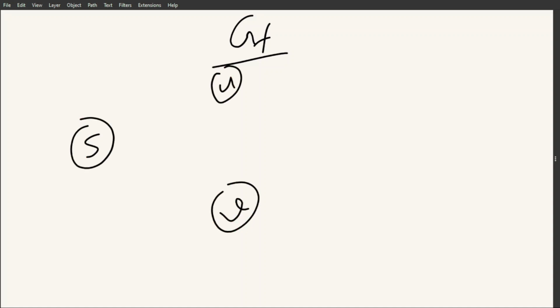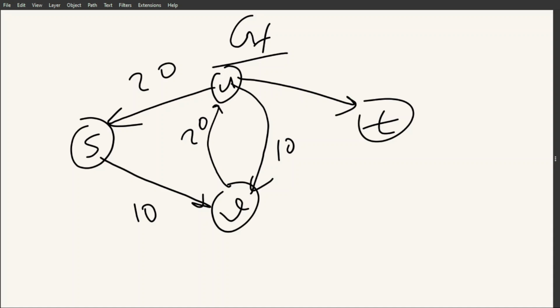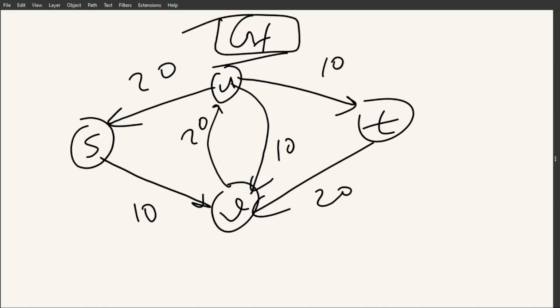Taking the same example, G_f, the same residual graph, we take and augment the path S, U, V, T. So we have these weights 20, 10, 10, this is 20, this is 10, this is 20. So we start with G_f, the residual graph.